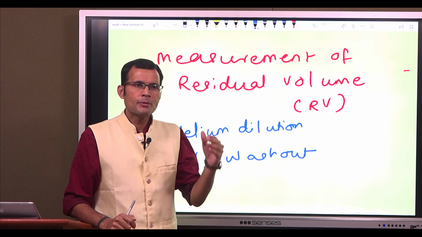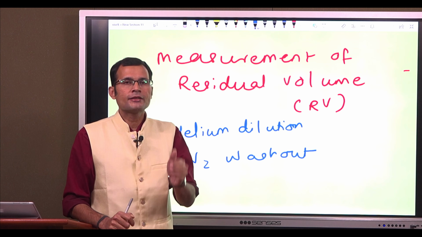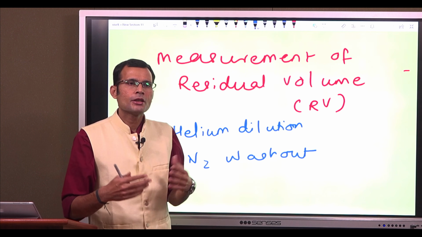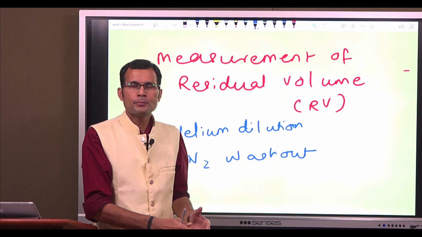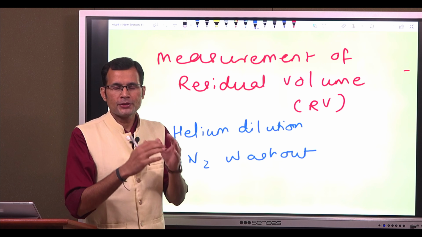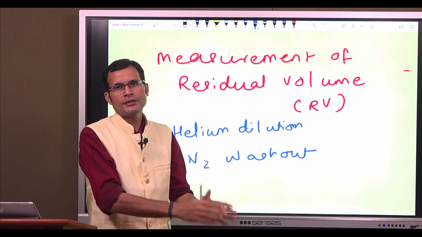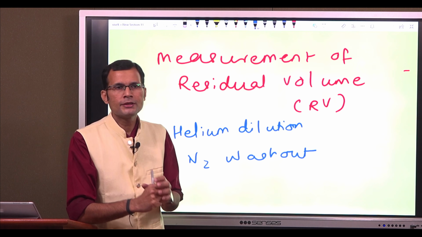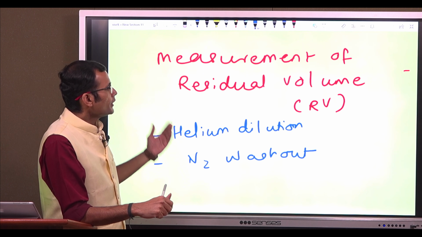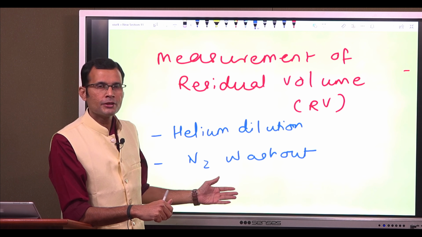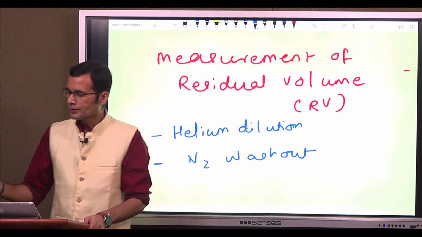All the volumes can be measured except the residual volume. The normal Hutchison spirometer that we use cannot measure the residual volume, and therefore we have to employ special techniques or special methods to measure it. So this topic was selected to discuss the two methods which are used, the helium dilution method and the nitrogen washout method.